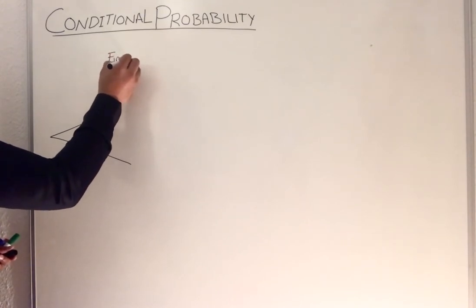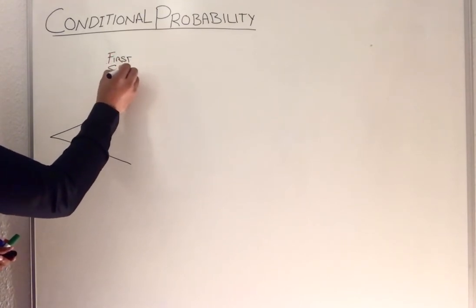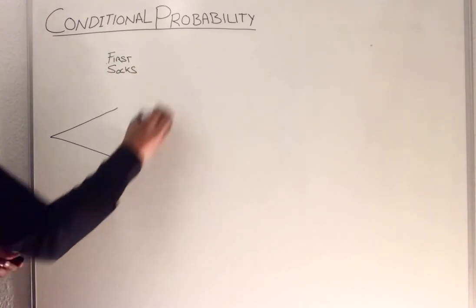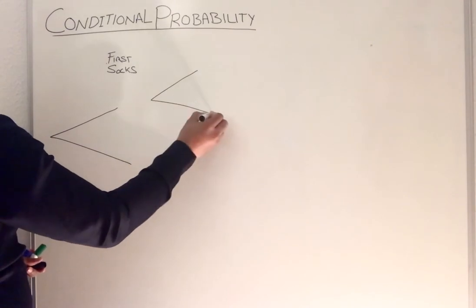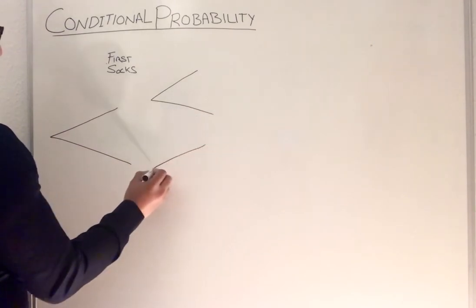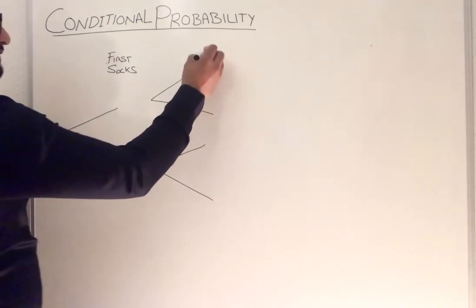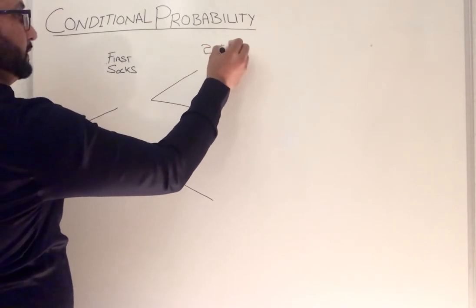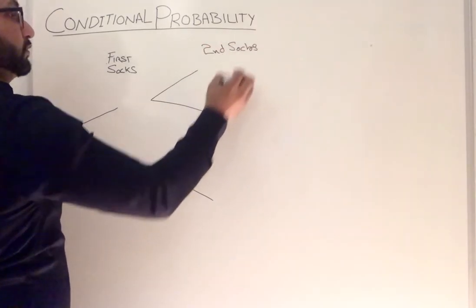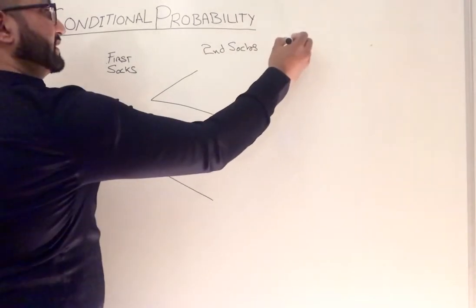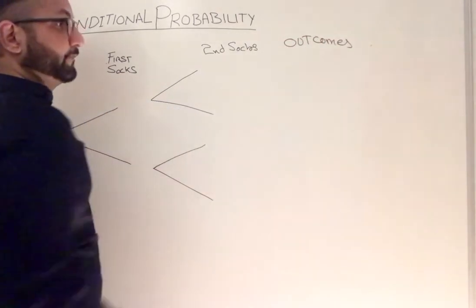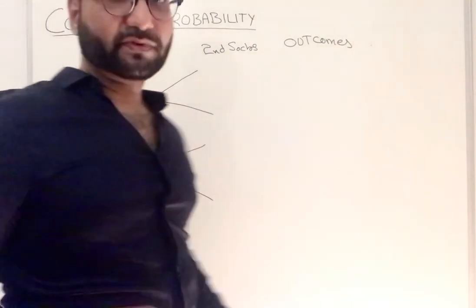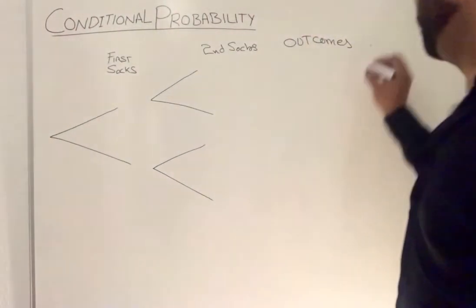This is our first socks. This is our second socks, and you can say that in our outcomes, and then after outcomes, we have to find out the probabilities.